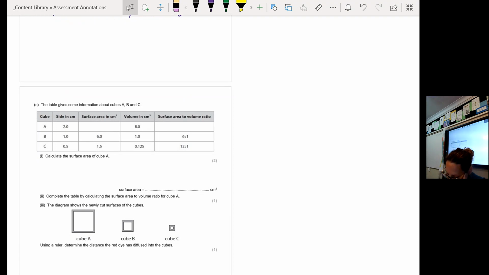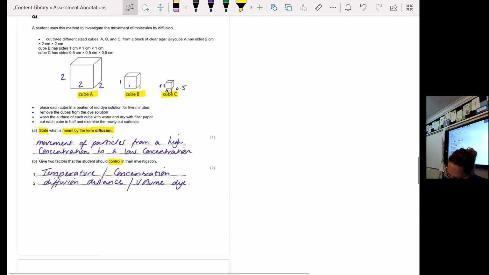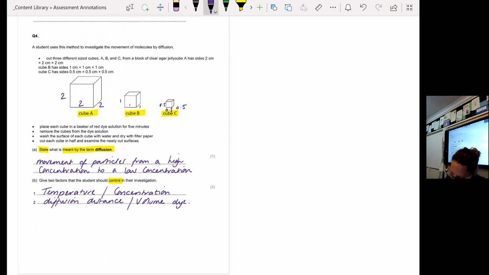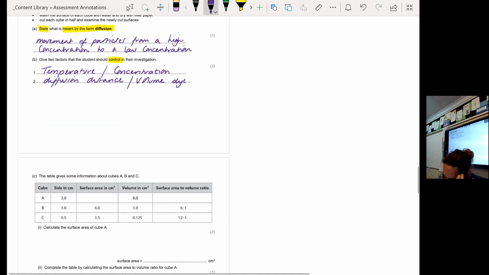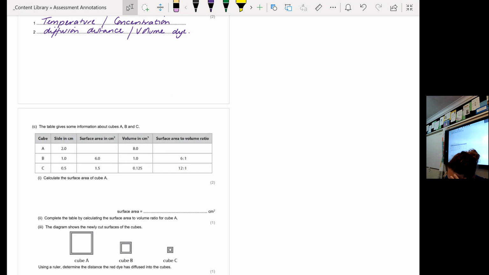It asks you to calculate the surface area of cube A. Now cube A is 2 by 2 by 2. But to calculate the area, I need to do base times height. So I do 2 by 2. That gives me 4.